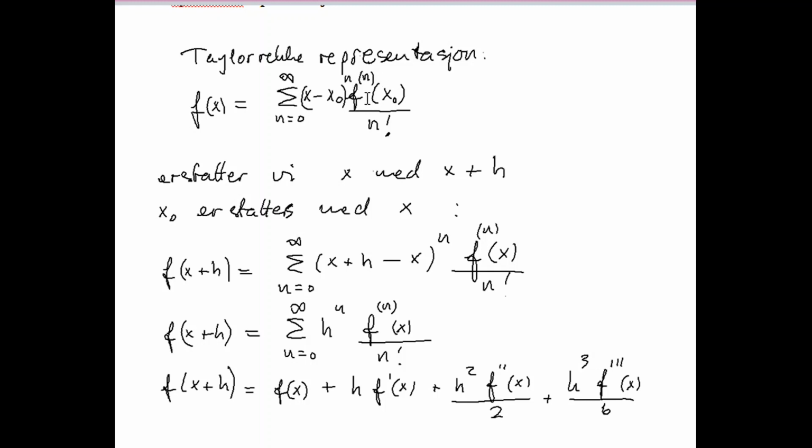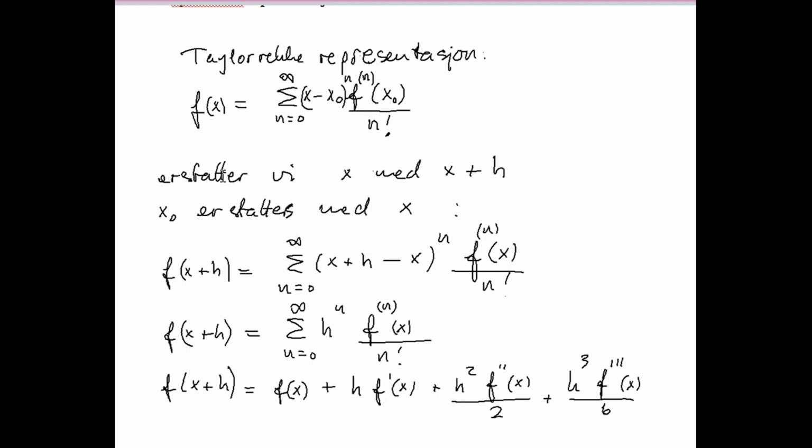This nth derivative is multiplied with x minus x0 to the power of n and divided by the factorial of n. The summation is taken from n equal to 0 to infinity.